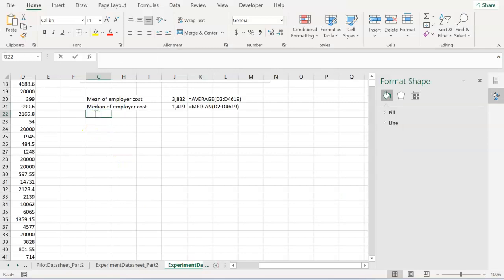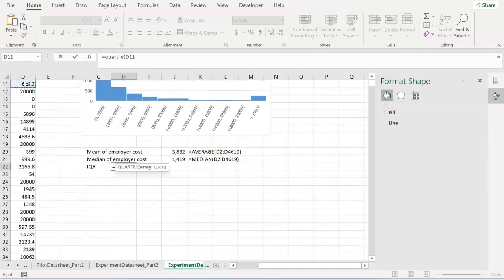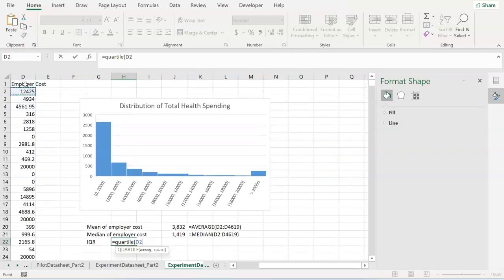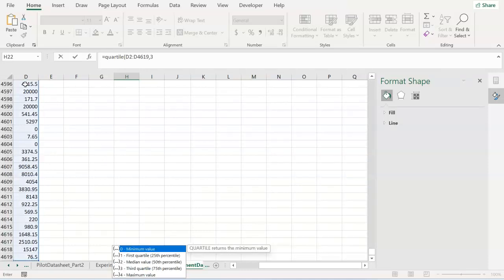The IQR. So I put equals quartile, then select the data by your cost, comma 3 minus quartile.